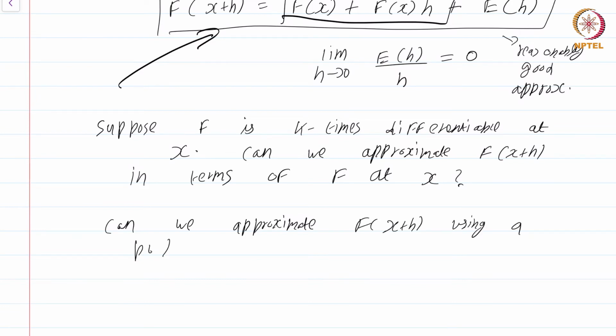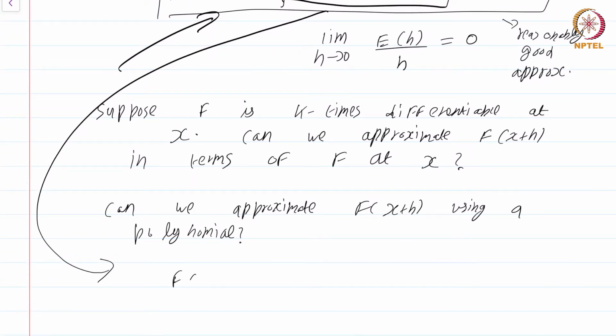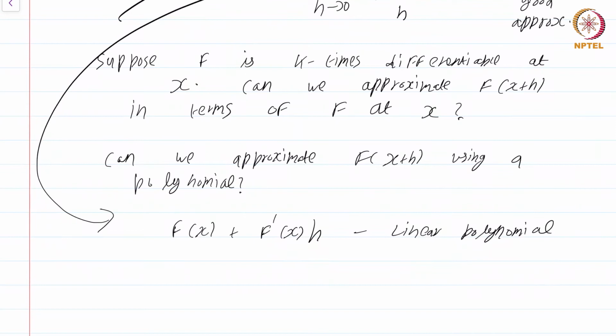Now what polynomial would you choose? Note that the polynomial that we have considered before is f of x plus f prime of x times h. This is a linear polynomial, a polynomial of degree 1. Not only is it a polynomial of degree 1, it's a special polynomial. So note this is treated as a polynomial in h. Of course, it's not a polynomial in x.